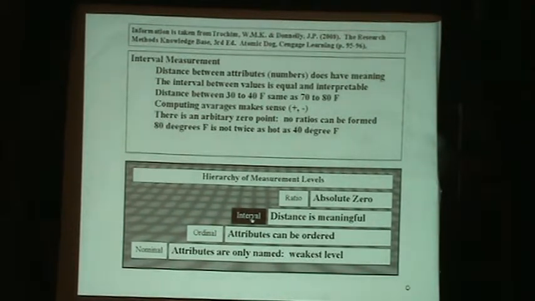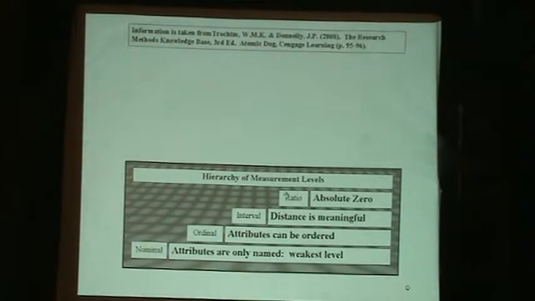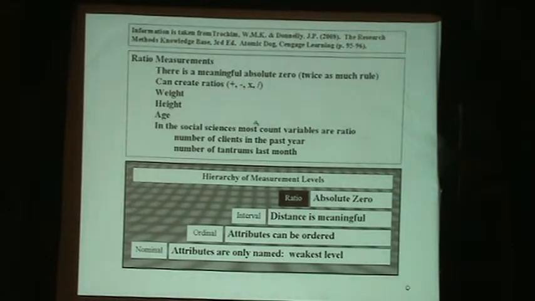There is an equal distance also. However, there's an arbitrary 0 point. So we can do addition and subtraction, we can compute averages and things like that, but we cannot compute ratios. And then of course the final and highest level is ratio data. There is an absolute 0 point. Try the twice as much rule if you're not quite sure. If you can say such and such is twice as much as such and such and it makes sense, then you're dealing with ratio data.